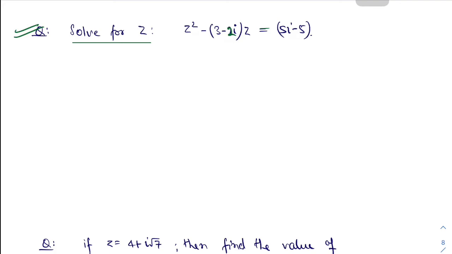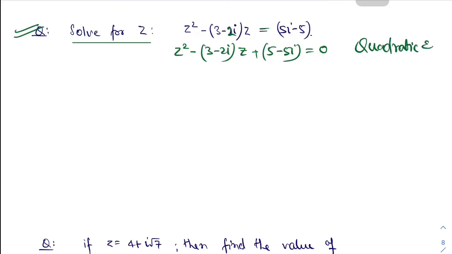Okay, if you rearrange this question, it will look like z square minus (3 minus 2 iota) z plus 5 minus 5 iota equals 0. Okay, this is a quadratic equation. This is again a quadratic equation.